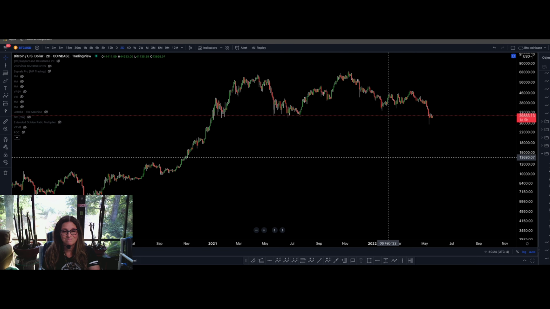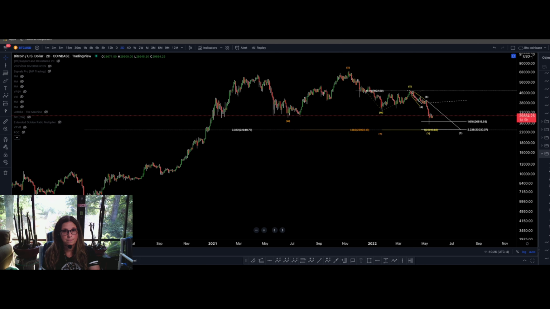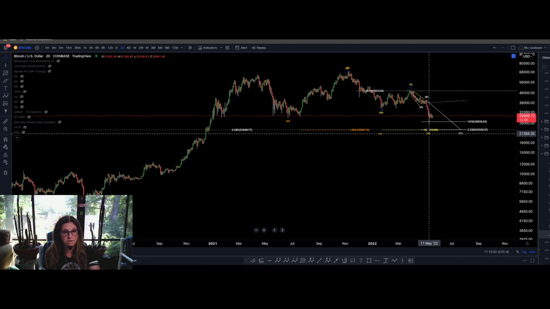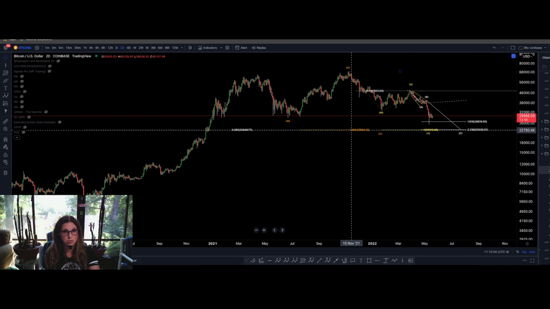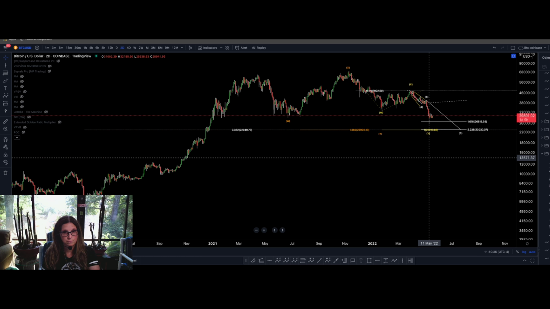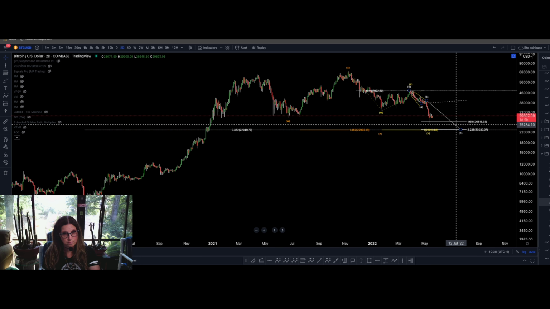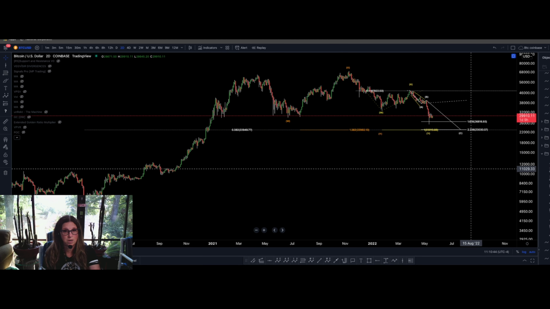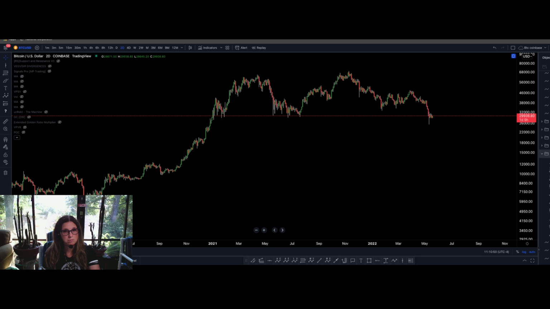Because there's no way that we can call this anything but an X. And a Y wave should not take out the 1.382. And a C wave, to call this ABC, a 3-wave move, should not take out the 2.236. It's just the way it is. Could there be a count that I'm not seeing? There could be.